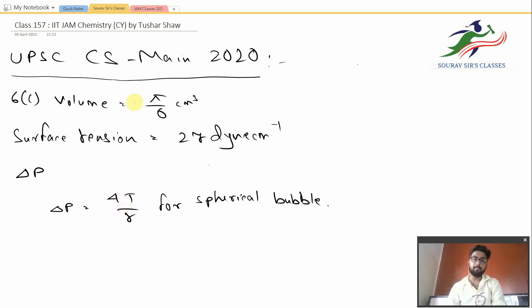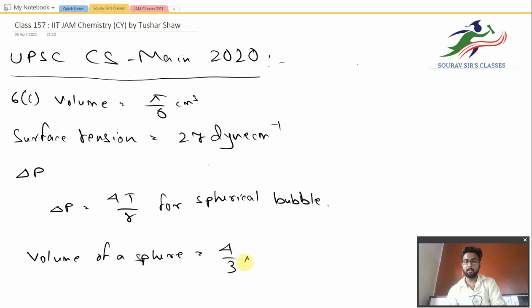We don't have the radius value, we have the volume of the spherical bubble, so let us calculate the radius from that. The volume of a sphere is equal to, sorry, not 1 by 3, 4 by 3 pi r cube.